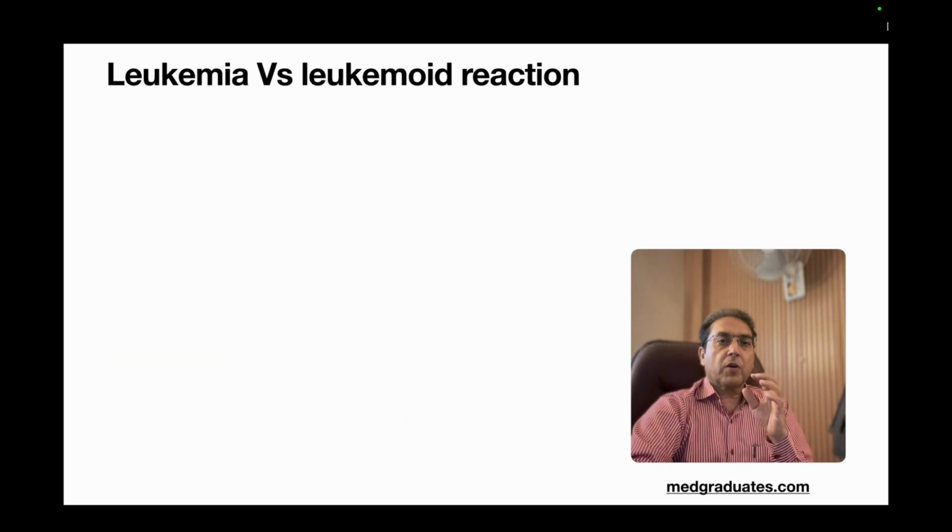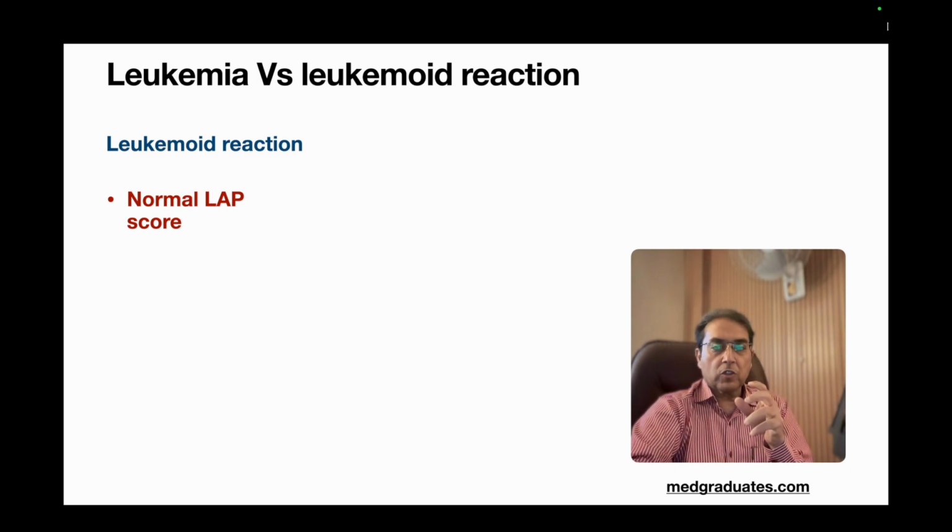Another important thing is, when you see a high neutrophil count, what is leukemia versus leukemoid reaction? A leukemoid reaction is where the WBC count is increased, but the cells are normal, while leukemia means blood cancer. So in a leukemoid reaction, the leukocyte alkaline phosphatase score is normal.